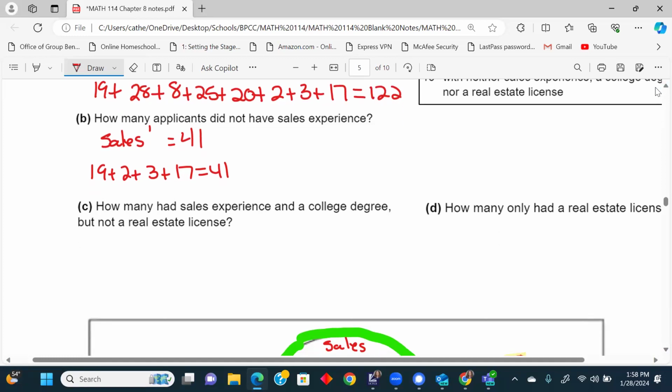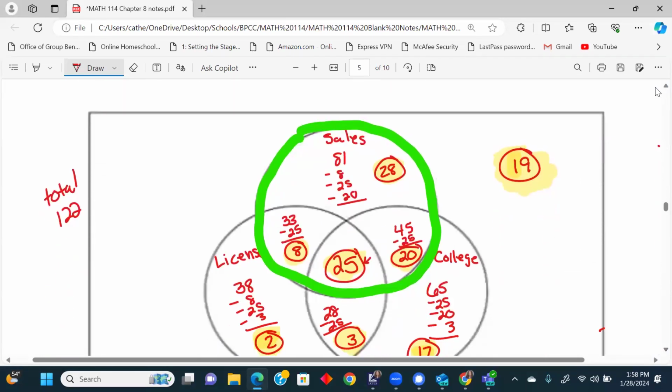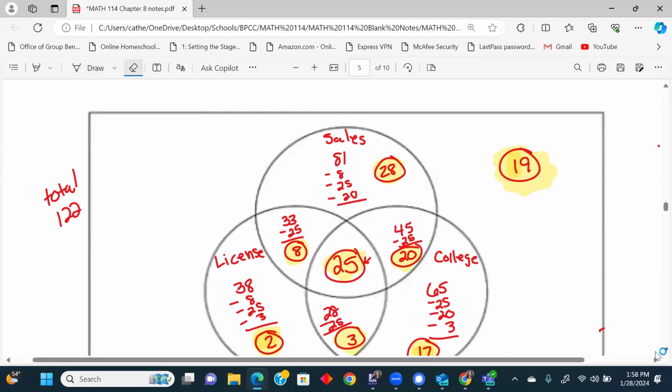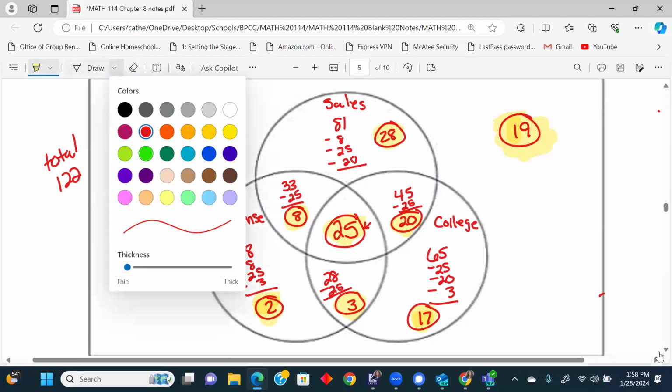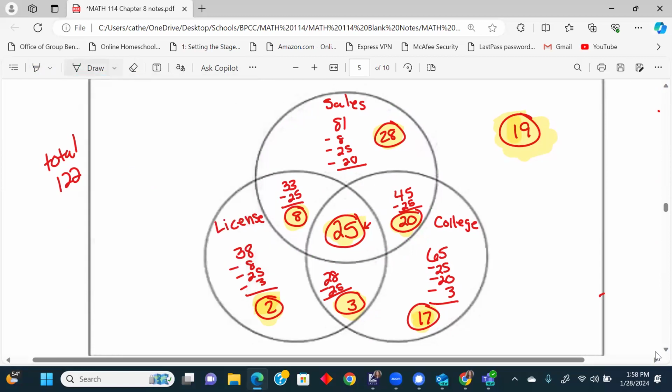How many had sales experience and a college degree, but no real estate license? Had sales experience, that's sales right here, and a college degree, but no real estate license. So sales experience, let me read that again, college degree, but no license.